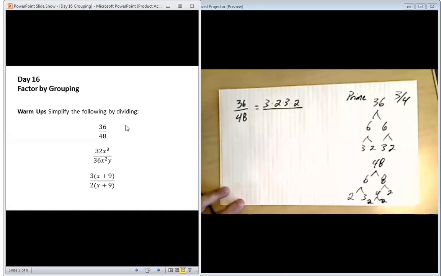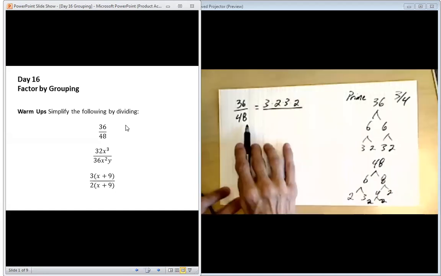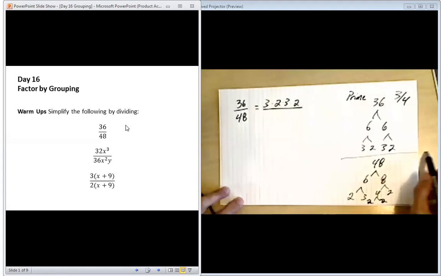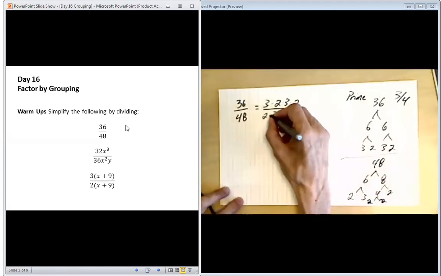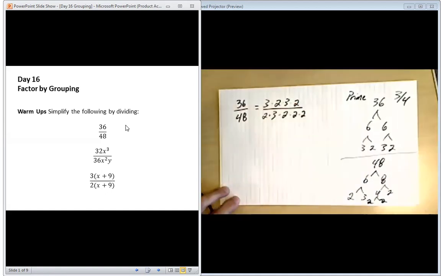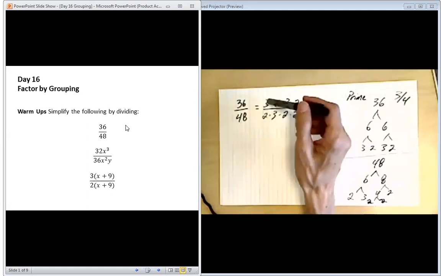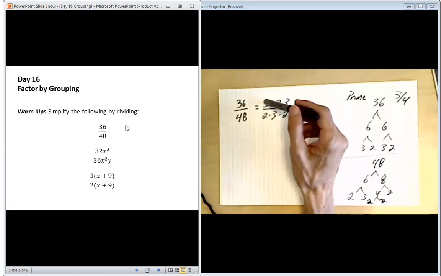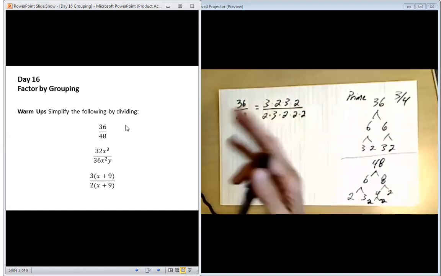So how does 48 get written? 2, 3, 2, 2, 2, right? True. All right, so then what happens now is you want to look for the same number on the top and on the bottom, because they'll divide out to equal 1 and they're gone, right?